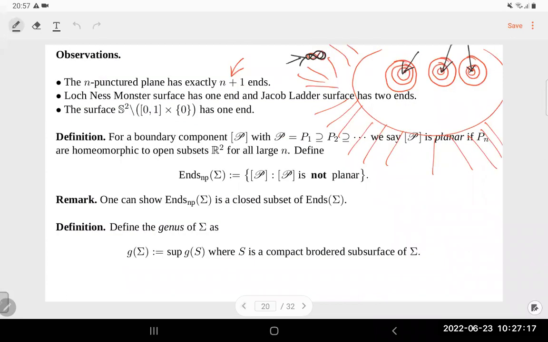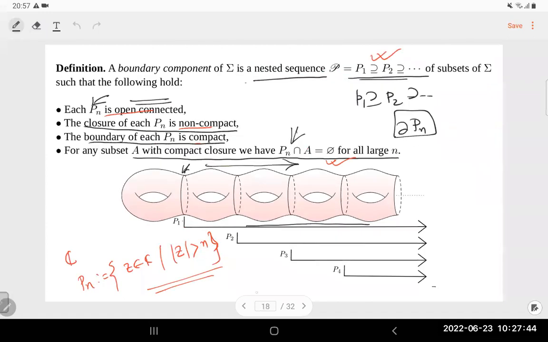Okay. And here is the definition of non-planar end. Non-planar ends: consider a boundary component P1, P2, a decreasing sequence of open connected subsets such that the boundary of each Pn is compact, and as usual defined here, the closure of each Pn is non-compact, and the intersection condition I mentioned here.